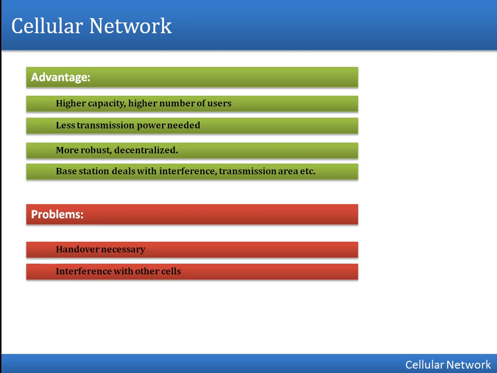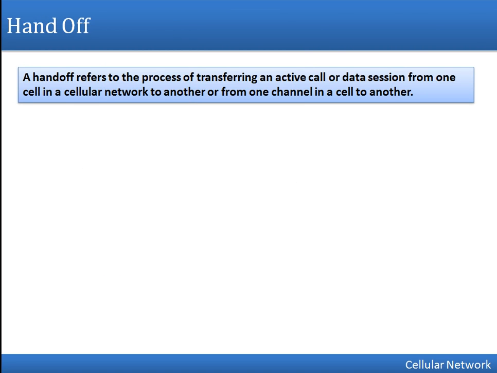This process is known as handover. And second, interference with other cells. Before reusing a frequency, we have to first see whether two co-channel cells are far enough or not.